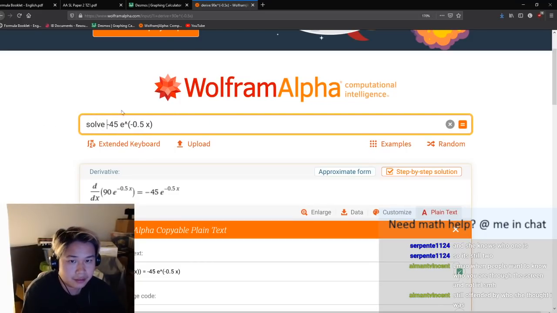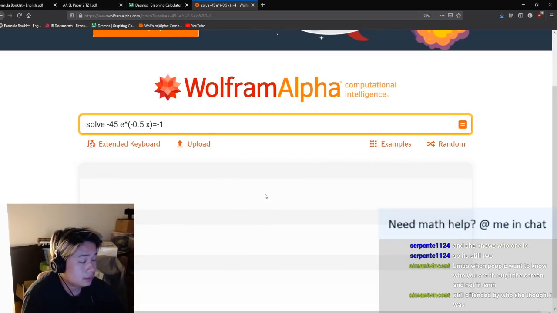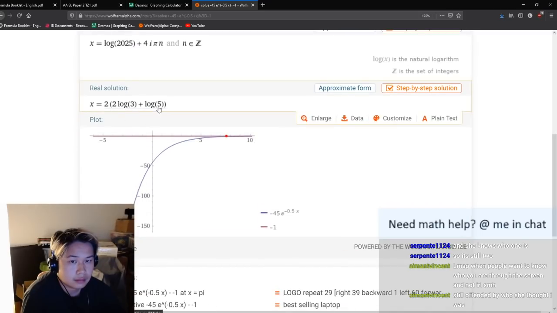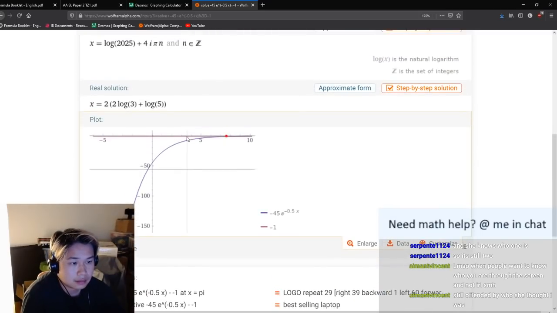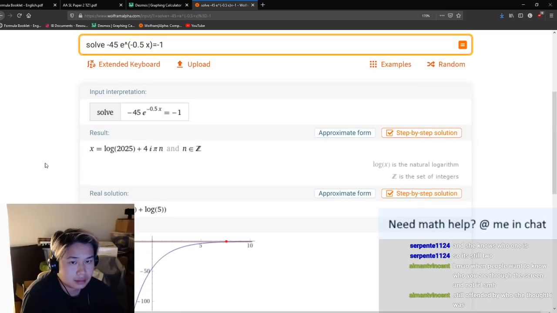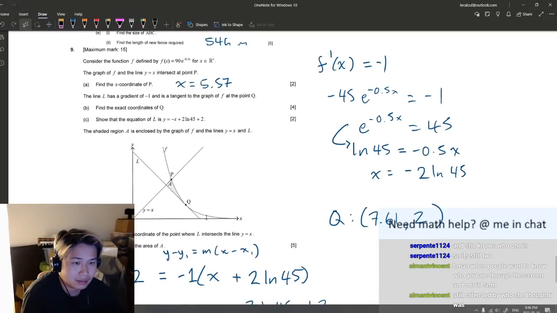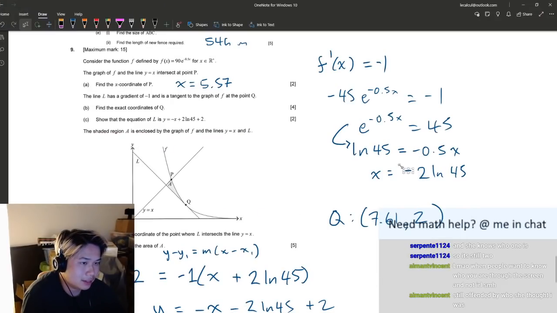And then solve this function equaling negative 1 for me. Okay. I mean, I guess. That's the same thing. Why do I have a negative here?